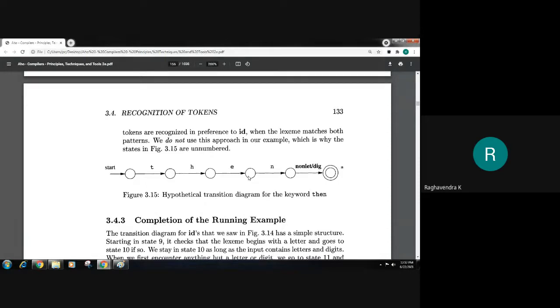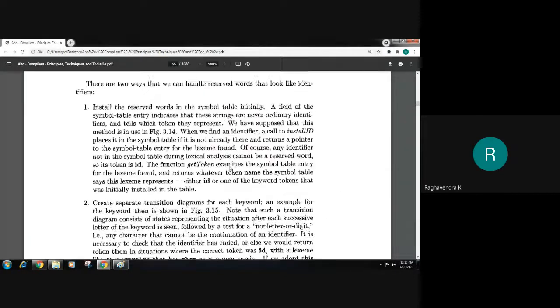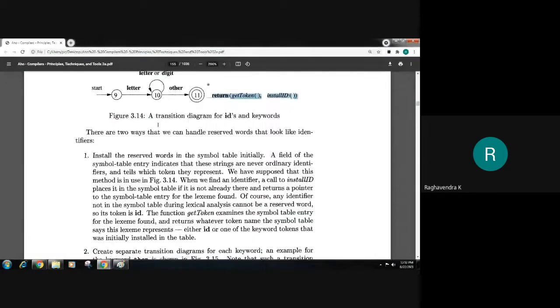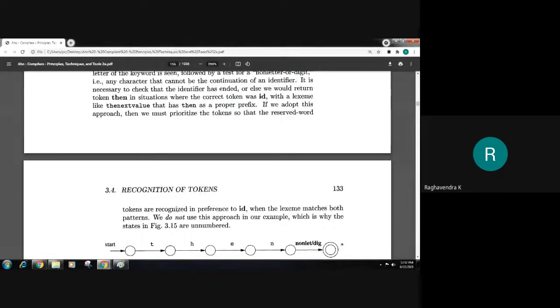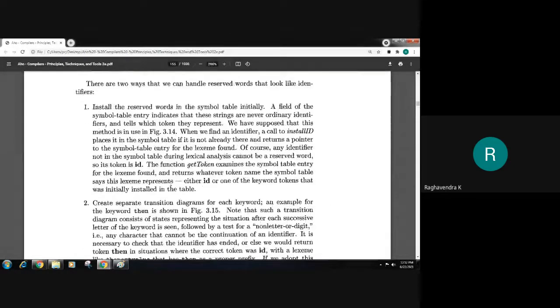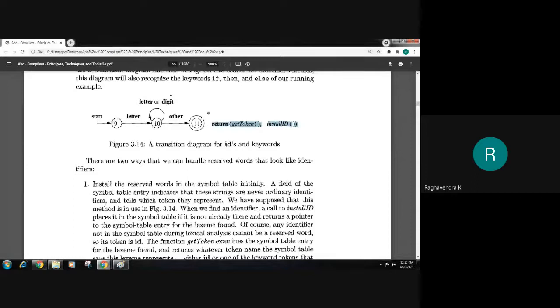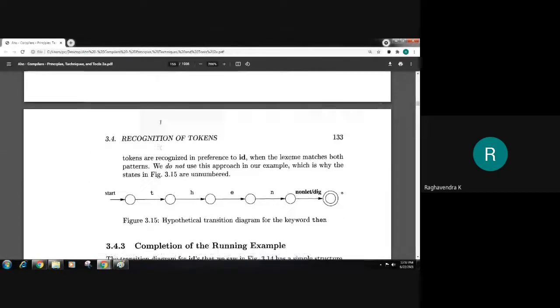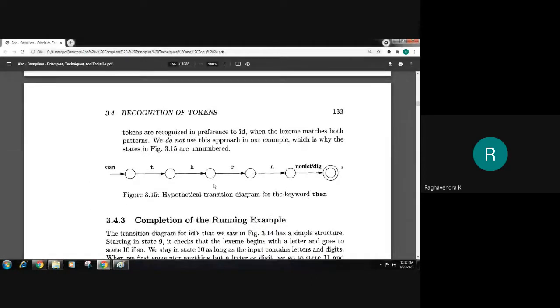Now, how is this different from this one? Because this also contains a letter followed by letters or digits, right? So any keyword can also be matched by this particular diagram. However, for identifying keywords, we can have a separate transition diagram like this. T should be followed by H, then E, and then N, and so on.